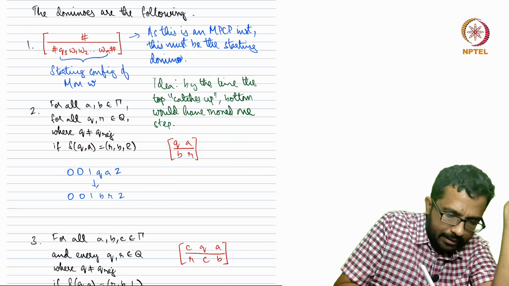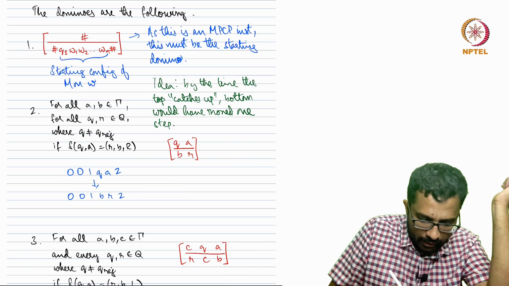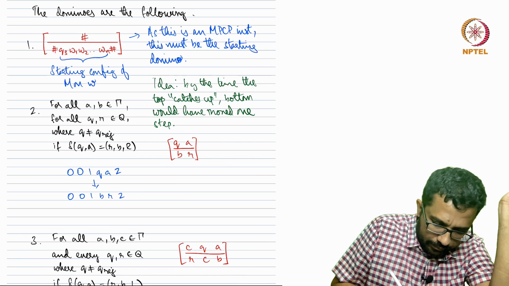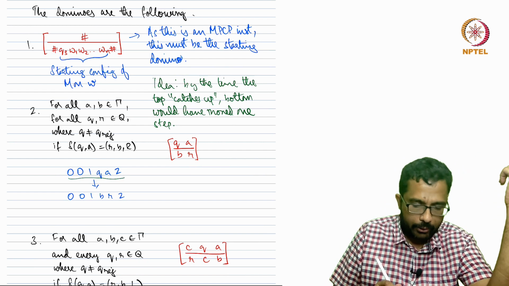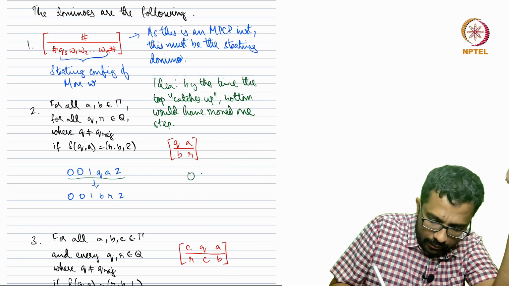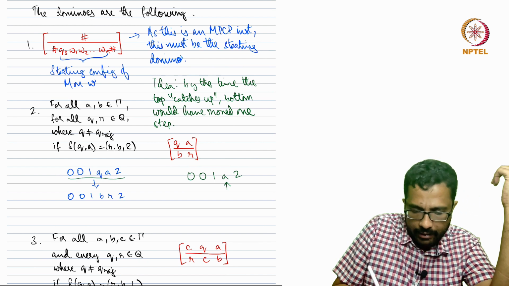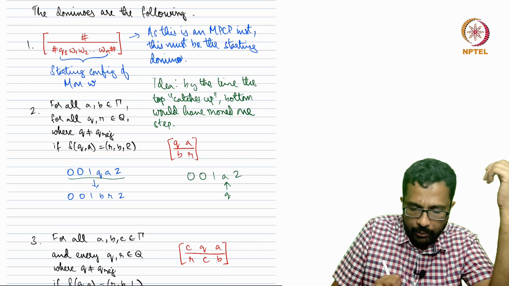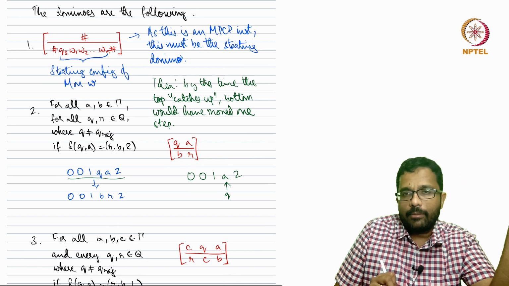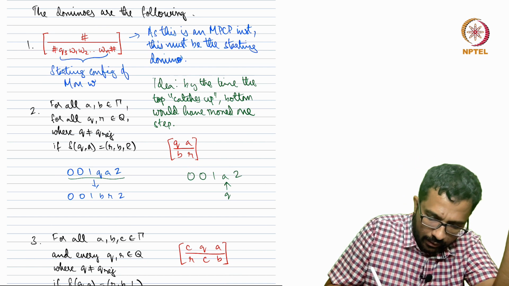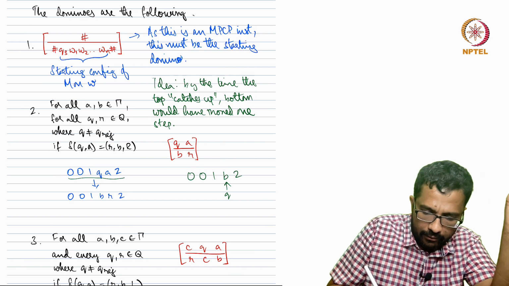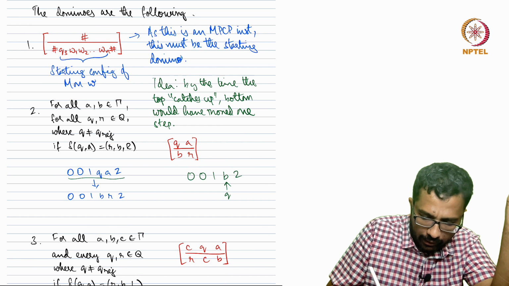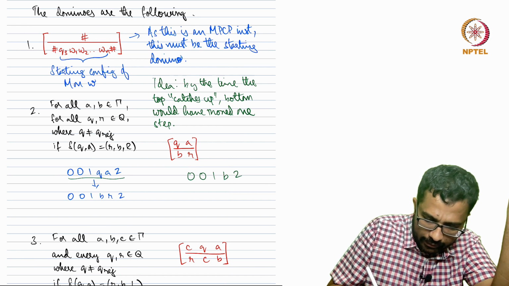Let us see the Turing machine tape itself. Suppose the configuration is 001 QA 2. This means the tape is 001 A 2, the head points at A and the state is Q. Now delta(Q, A) is (R, B, R), meaning we will write B, go to state R and move one step to the right.